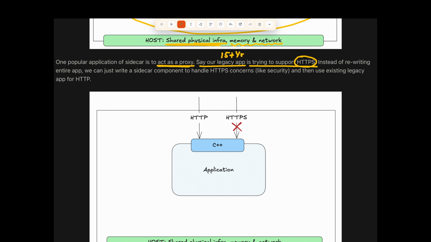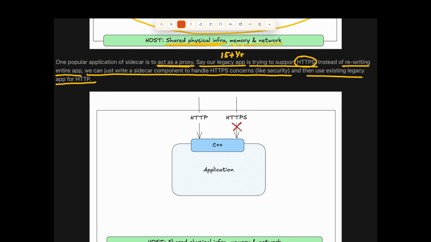So to support HTTPS, instead of rewriting the entire application, which is very costly, not only in terms of time and money, but also in terms of incidents or regressions, we can just write a sidecar component to handle HTTPS concerns like security, and then use the existing legacy application for HTTP.